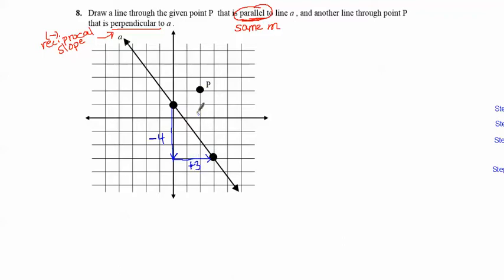So I would follow exactly that same pattern from point P: 1, 2, 3, 4 down, and then 1, 2, 3 to the right. And I'd use that point. After I've created that point, I don't need these temporary marks that I did here. I can draw my parallel line.